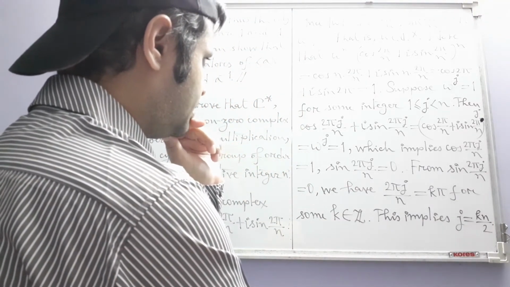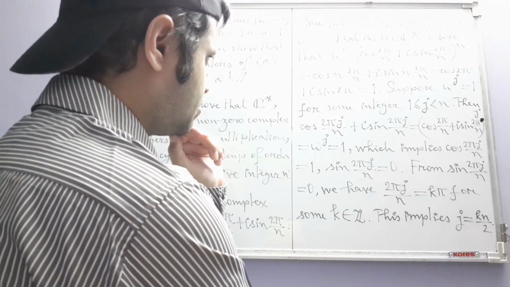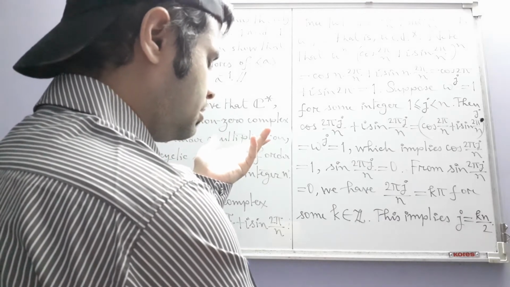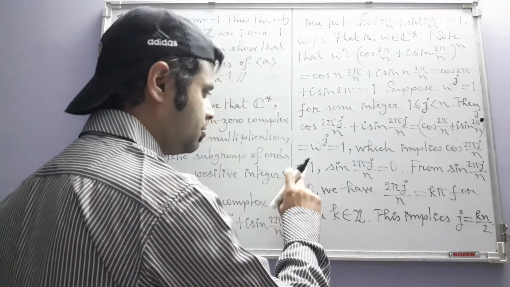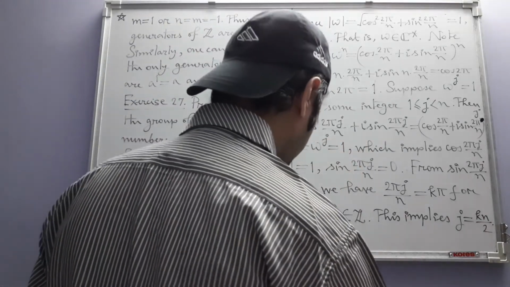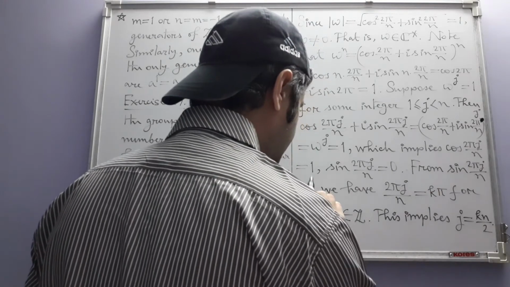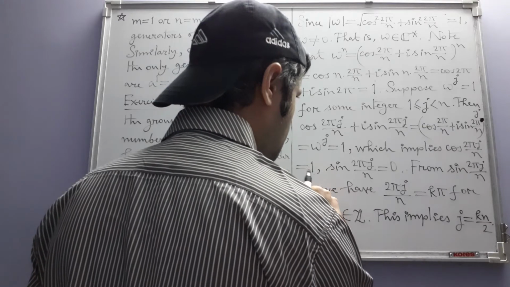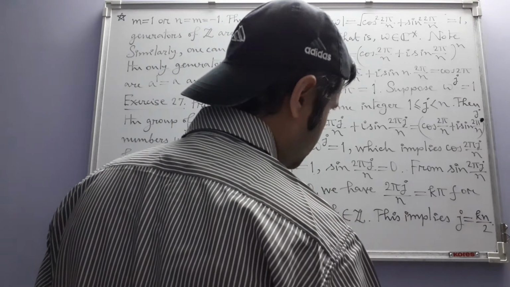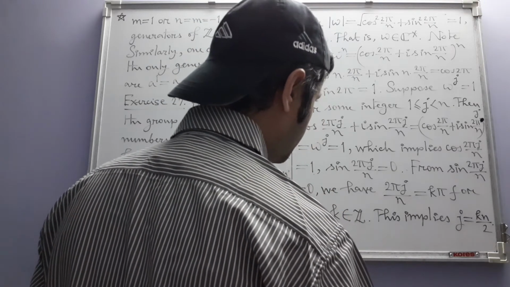Cos 2 pi j divided by n plus i sin 2 pi j by n is equal to 1. Oh, I haven't used this equation. What does this tell us? Cos 0.